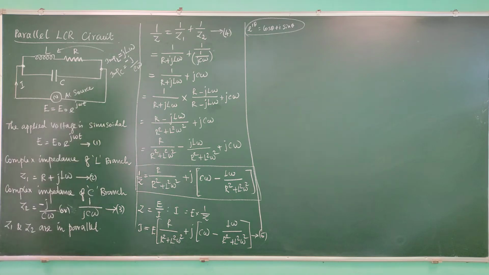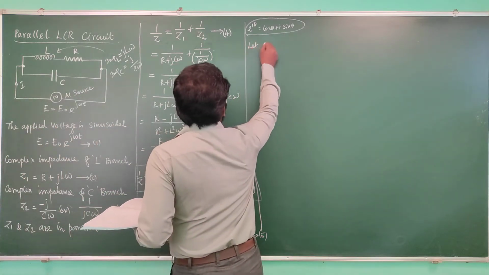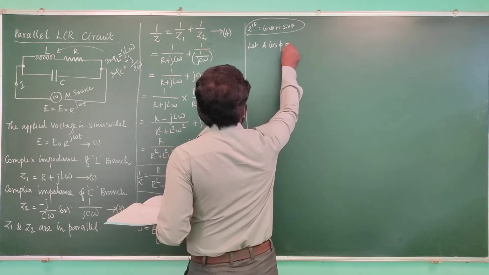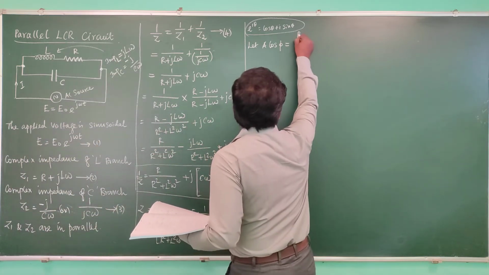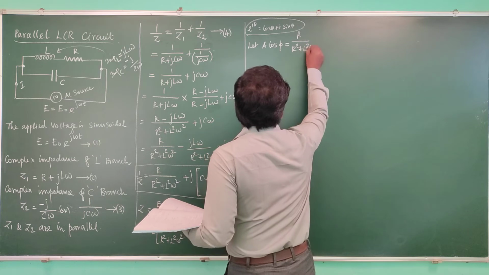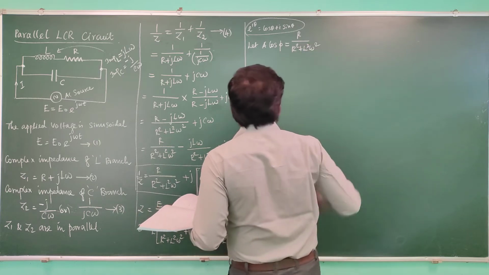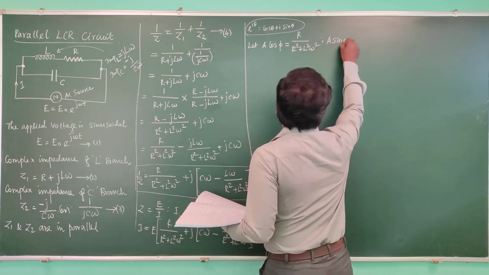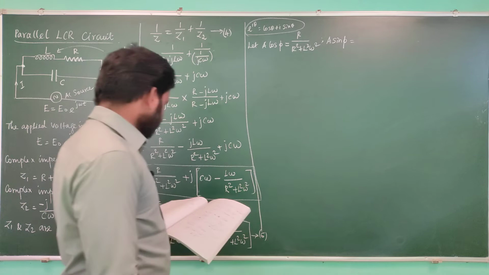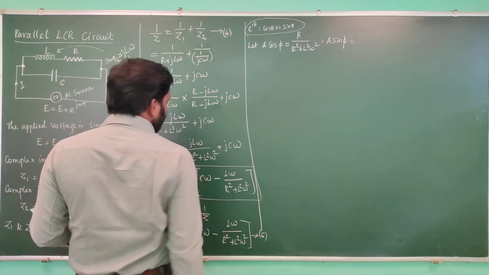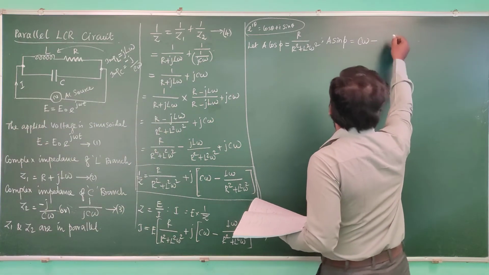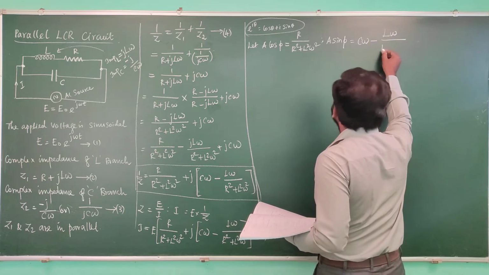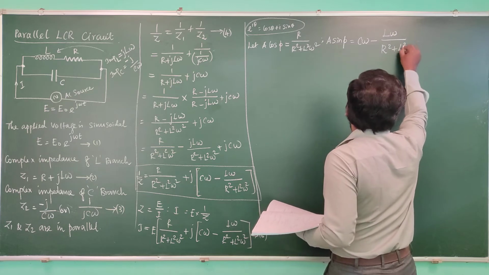Keeping this trigonometrical relation in mind, let A cos phi be equal to this term, R by R square plus L square omega square, and A sin phi be equal to this term, C omega minus L omega by R square plus L square omega square.